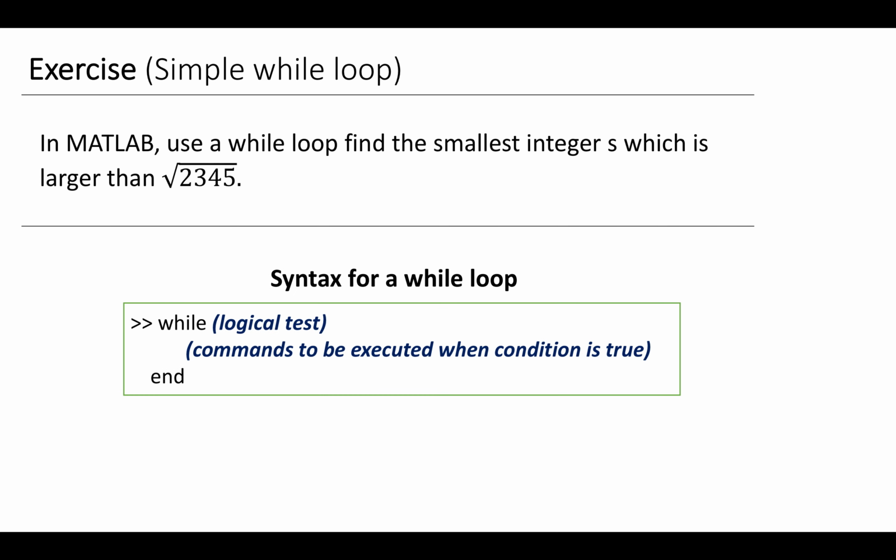Now, while loops in general. The syntax I have over three lines, but it can be more, as you can put lots of commands in the middle. The top and the bottom are pretty much the same thing. You have a while, you have a test, and at the end you have to end the loop.